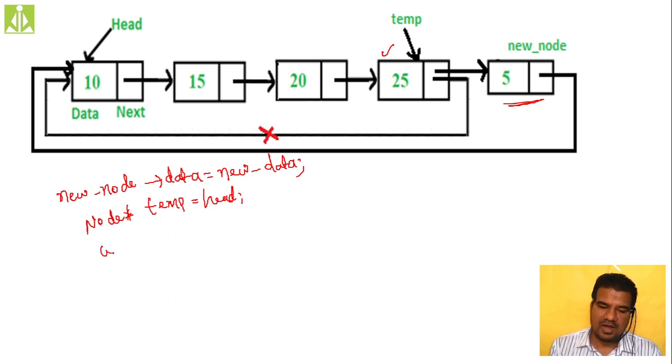That is very easy. While temp of next should not be equal to head, and inside it simply put only one statement, temp equals to temp of next.